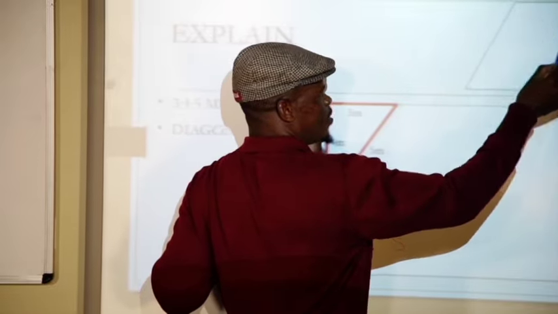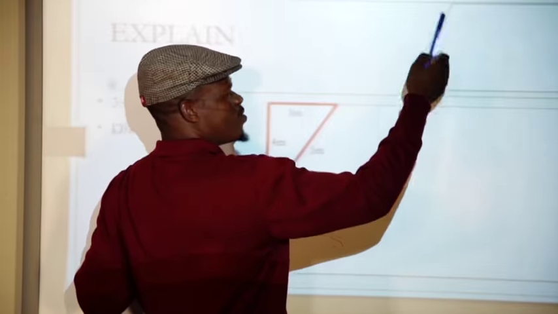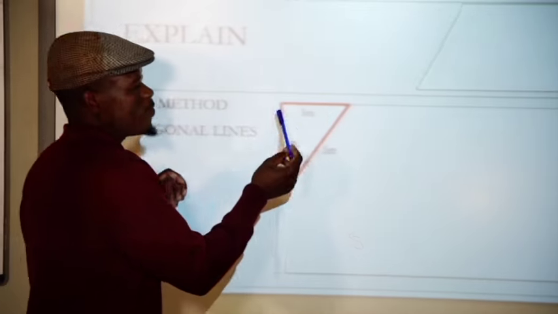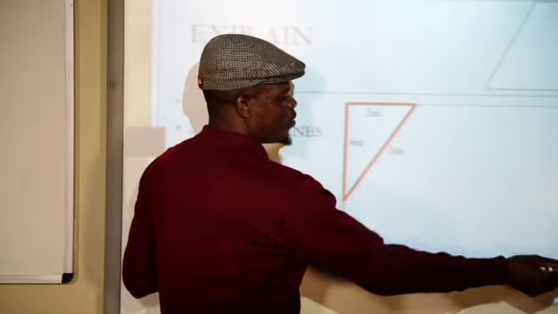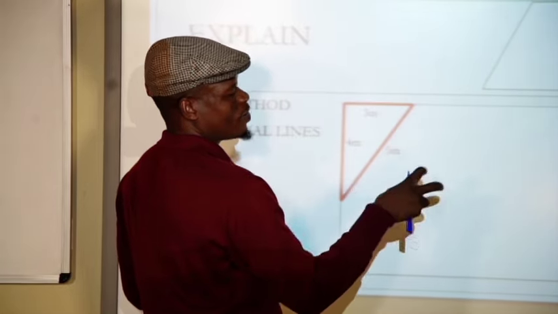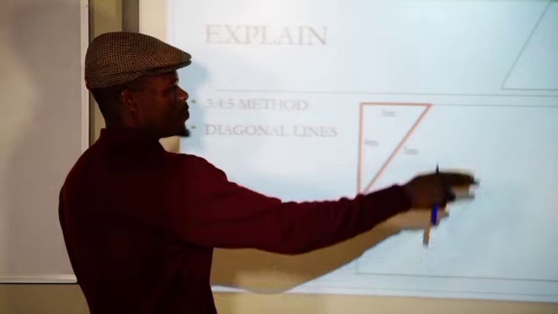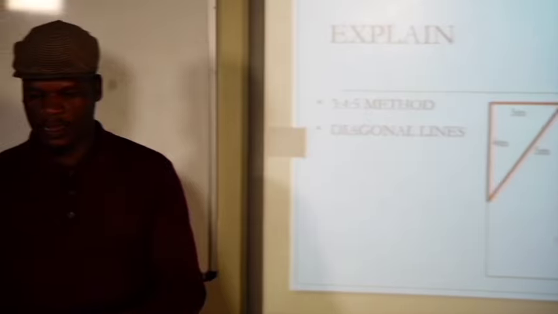Because if I measure this diagonal from here to there, and that diagonal from here to there, it is not going to be equal. But if I measure this diagonal from this side to this side, and from this point to that point, these diagonals are going to be exactly the same, and that will mean my structure is going to be exactly 90 degrees, or square in all the corners.